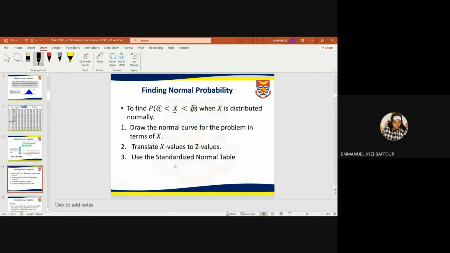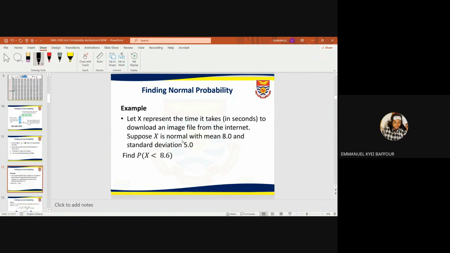After that, you use the standardized normal table to trace the values for Z, and then you compute the various probabilities you've been asked for. So let's look at an example here.